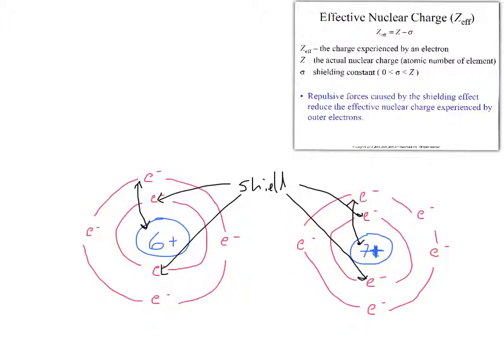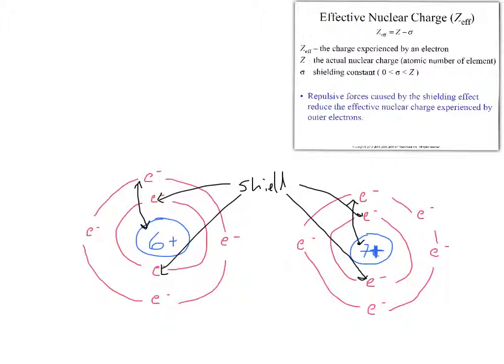So all of these electrons, all 5 of these electrons are for the most part the same. They're the same distance from the nucleus. They have the same shielding. But this electron right here, it feels the pull of 7 positive, whereas this electron only feels the pull of 6 positive. So we would say that the effective nuclear charge of carbon is less than the effective nuclear charge of nitrogen.